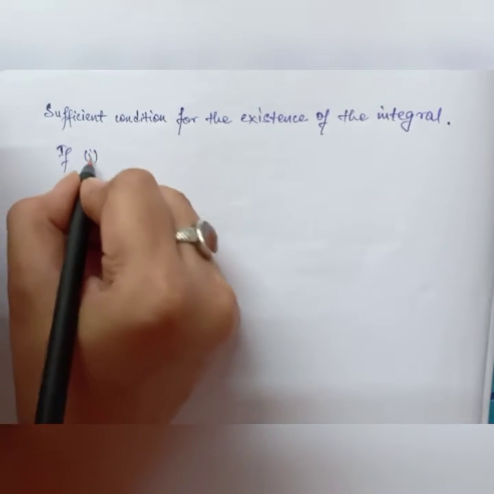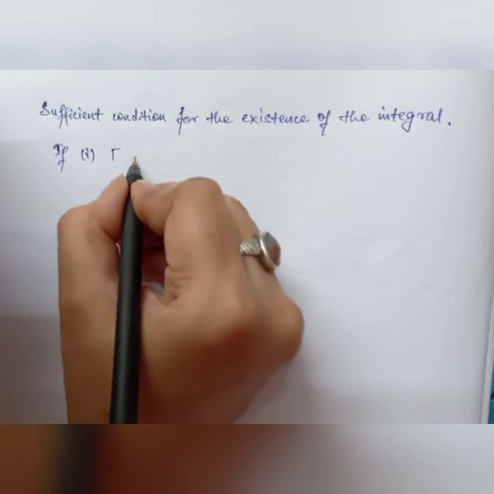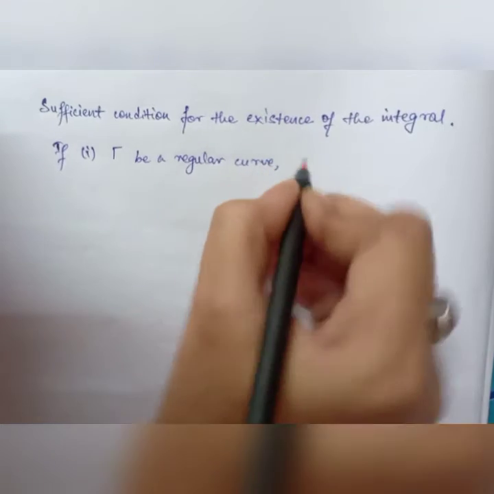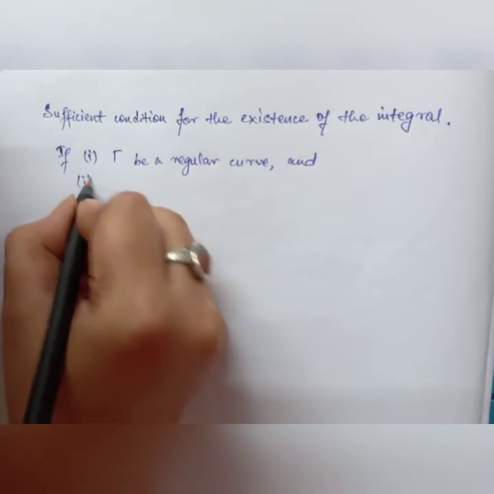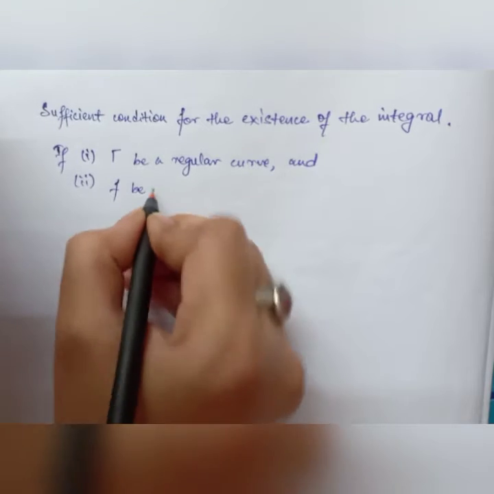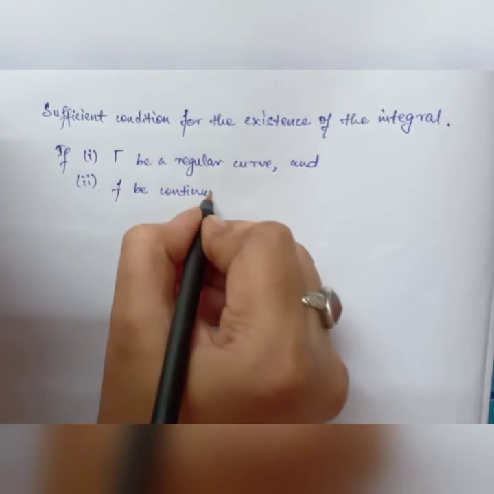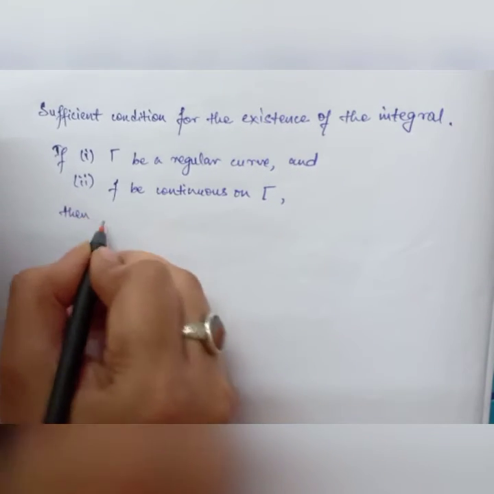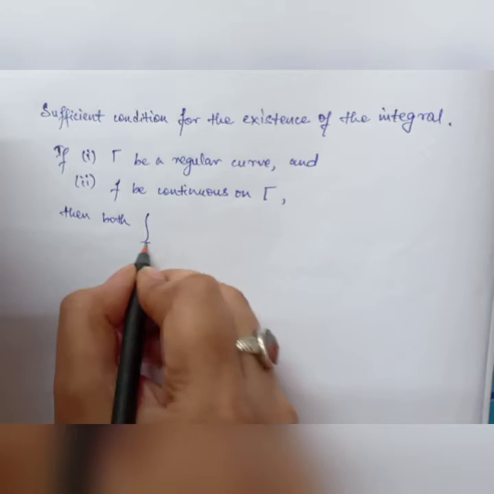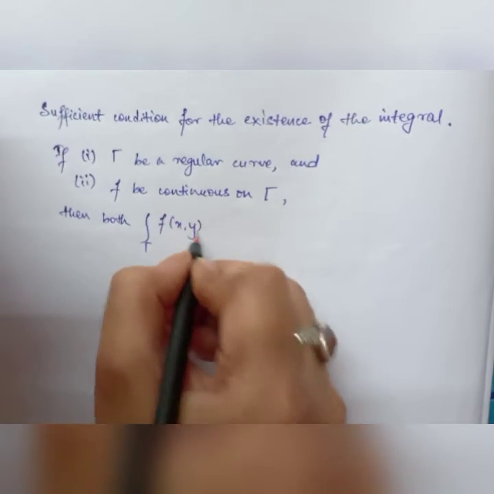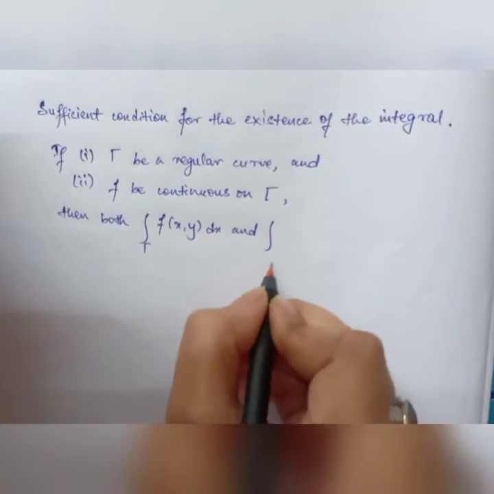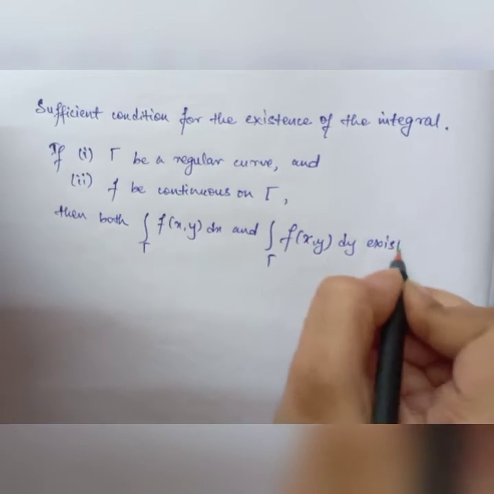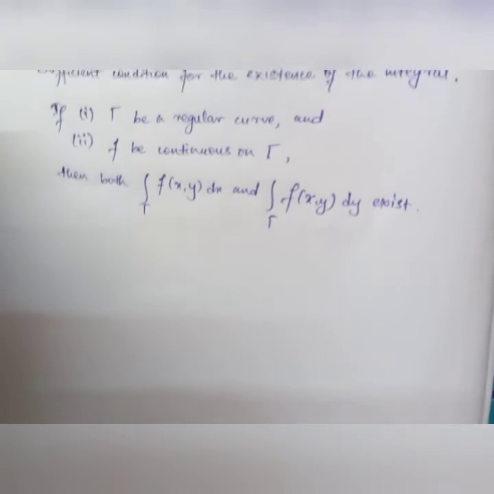If number 1, capital gamma be a regular curve, and number 2, f be continuous on capital gamma, then both integration f of xy dx and integration f of xy dy exist. So how do we observe this?